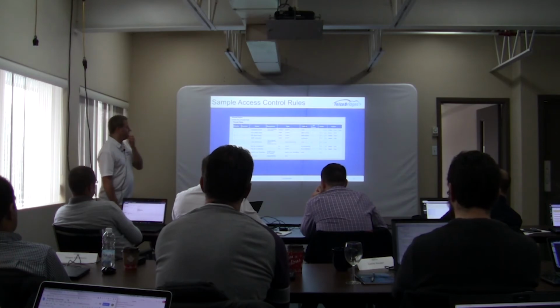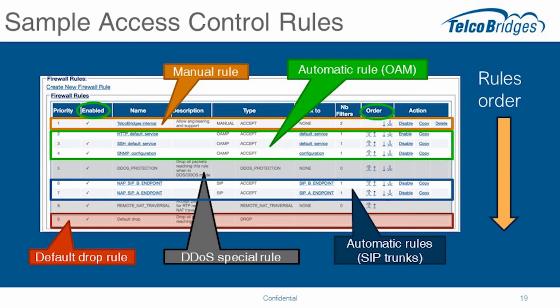So this is one sample access control rule. You will get these automatically in the system. First you have your HTTP access to be able to change the configuration, your SSH access, and also SNMP. Then you have your DDoS protection.